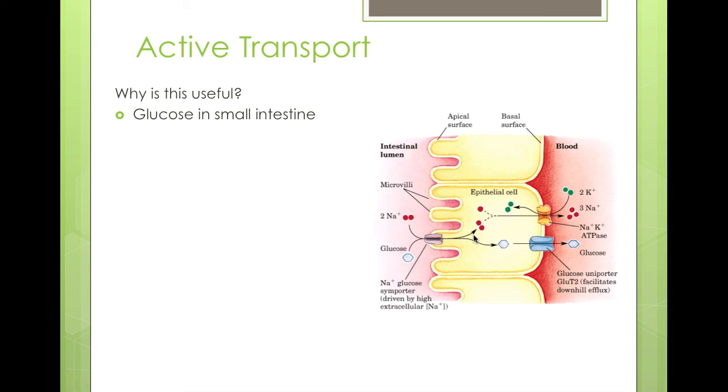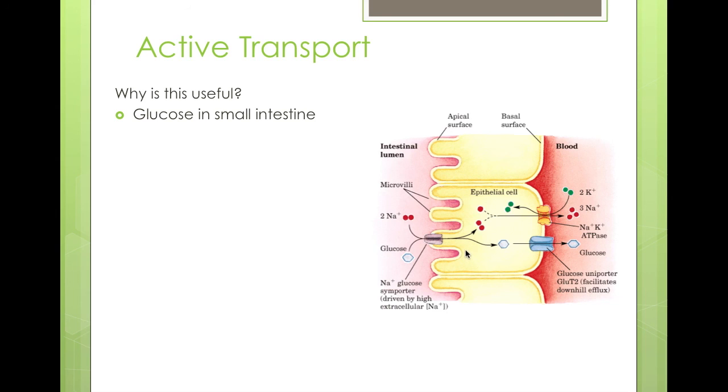However, if it was, for example, facilitated diffusion, it's going to eventually even out between the two sides. If the concentration here is matched with the concentration inside of your cell, the glucose is going to stop moving in and out of the cell, because the concentration outside of the cell is the same as the concentration of glucose inside of the cell.